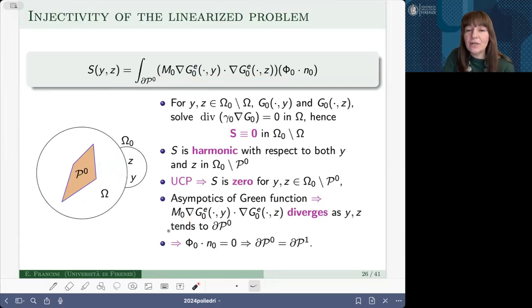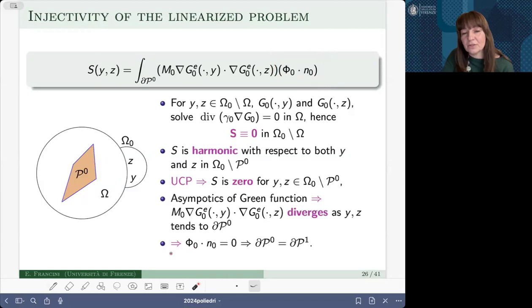And so the only way to put together the fact that the function is 0 outside the polygon and diverges when y and z go close to the boundary of the domain is that this other part of the integral gets equal to 0.